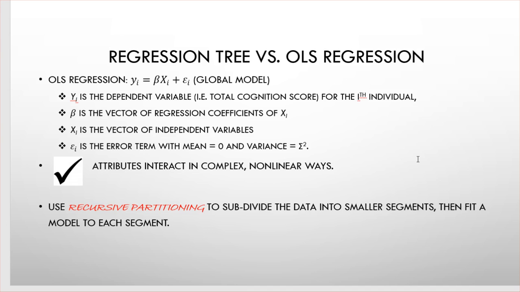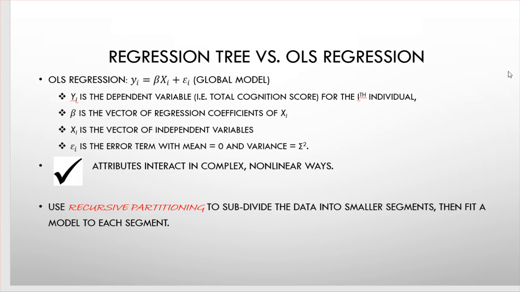So, how does the regression tree differ from ordinary least squares regression? In ordinary least squares regression, the same formula applies to all observations in a given dataset. However, sometimes certain characteristics, certain attributes in a given dataset, can interact in complex and non-linear ways.